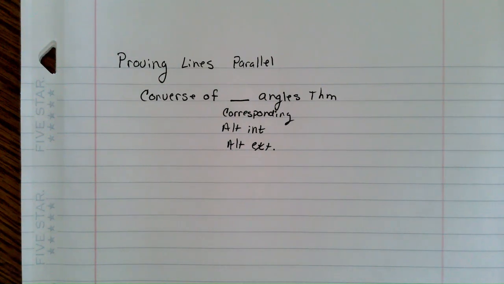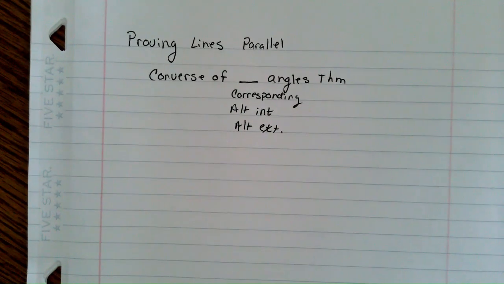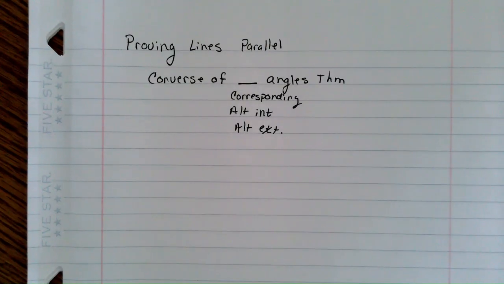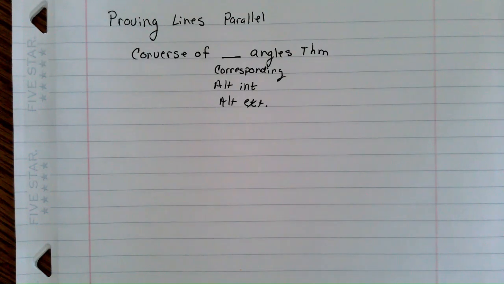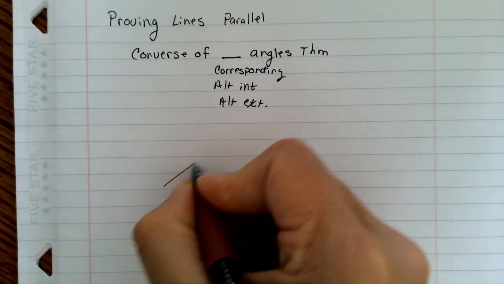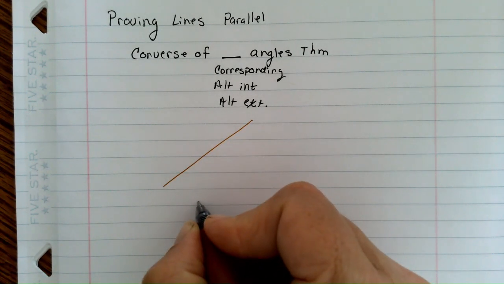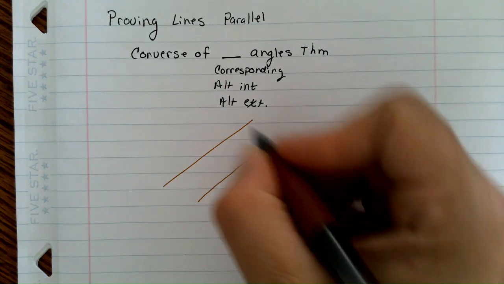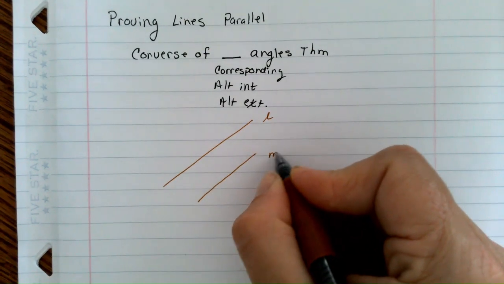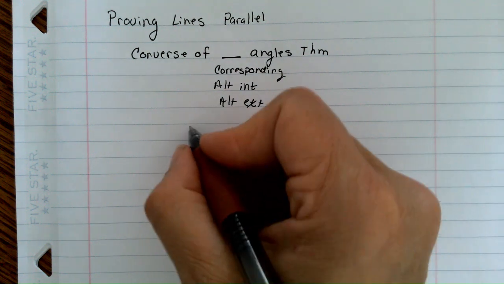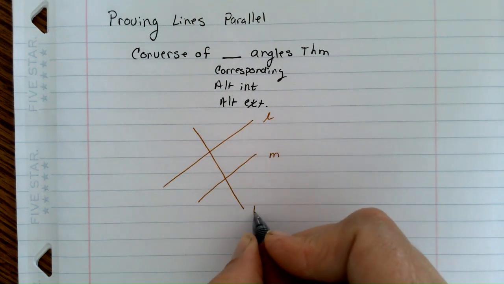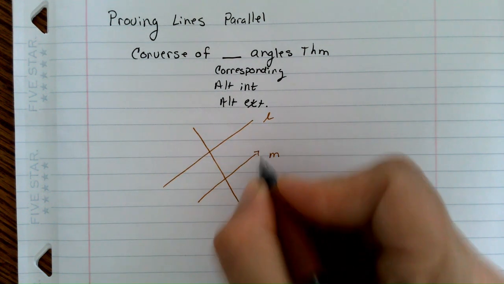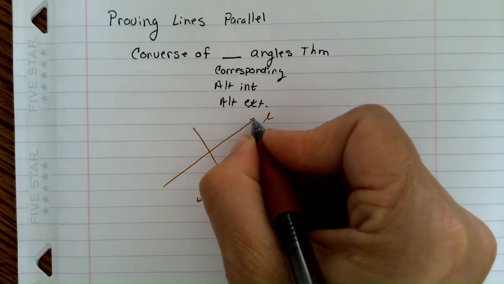Okay, so what does that mean? Well, if I were to draw an image, and instead of using two points to name the lines, I'm going to use the cursive lowercase letter to name them, which is acceptable. Let's say we have lines L and M, and they are cut by a transversal T. It's not a very good cursive T, but.